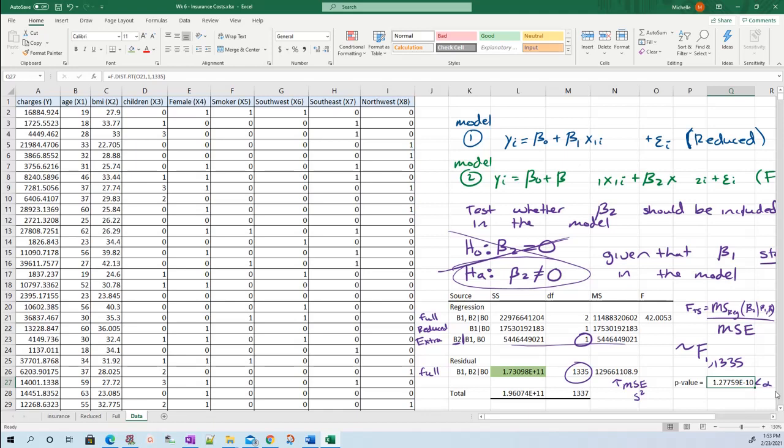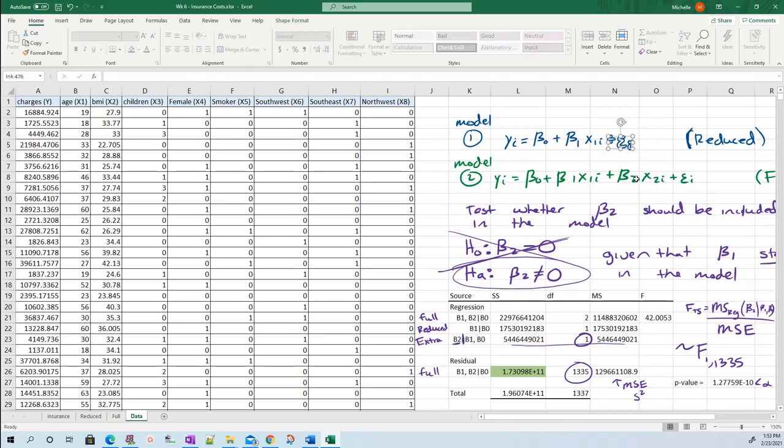In other words, I know things got messed up a little bit when I was messing around with the size of the cells. In other words, though, this model here is doing a significantly better job at predicting y than this reduced model. So that's our conclusion. This full model does a significantly better job than this reduced model.